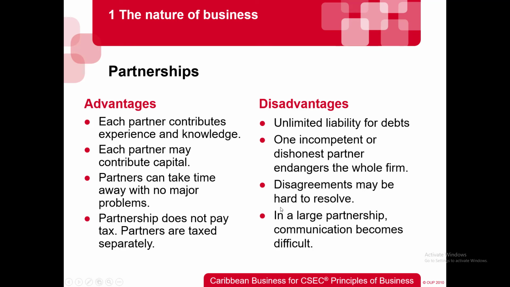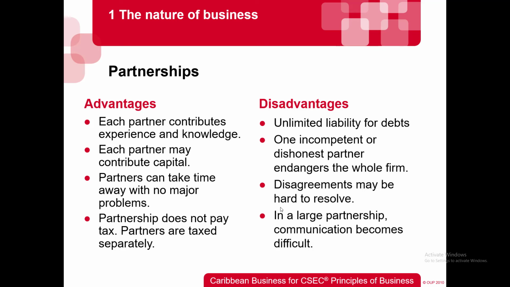In a large partnership, communication becomes difficult. The larger a business becomes, the harder it is to communicate. Because if it's a sole trader, you alone, with five people working for you, that's very easy. Send out the WhatsApp message, everybody gets that. Send out a memo, everybody gets that. As soon as you reach in the morning, everybody is in the same building, no problem.